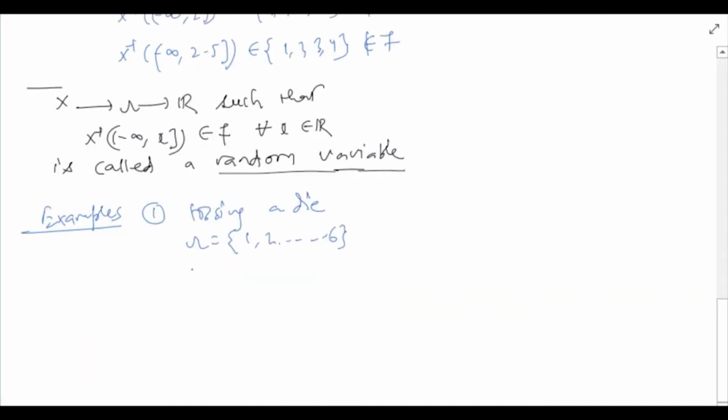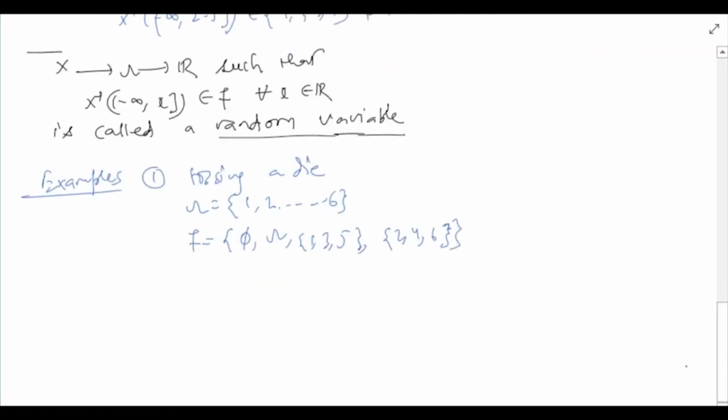Let us consider the event space to be the empty set, the whole set, {1, 3, 5} and {2, 4, 6}. One can easily verify that such a set script F is a sigma algebra, that is, it is an event space. Now let us define a function X from Omega to R as follows.